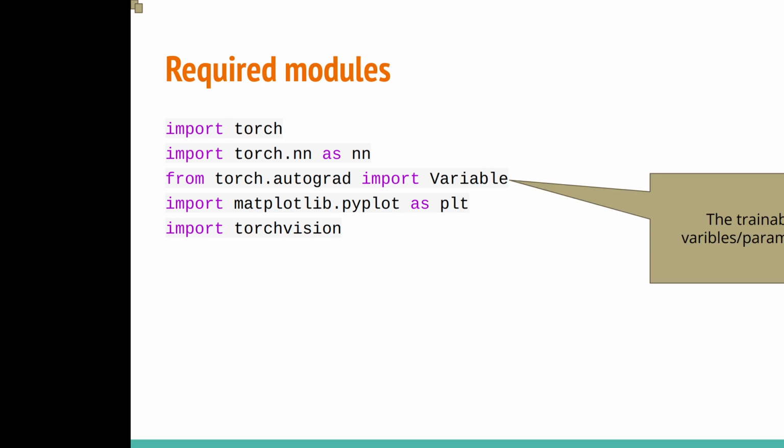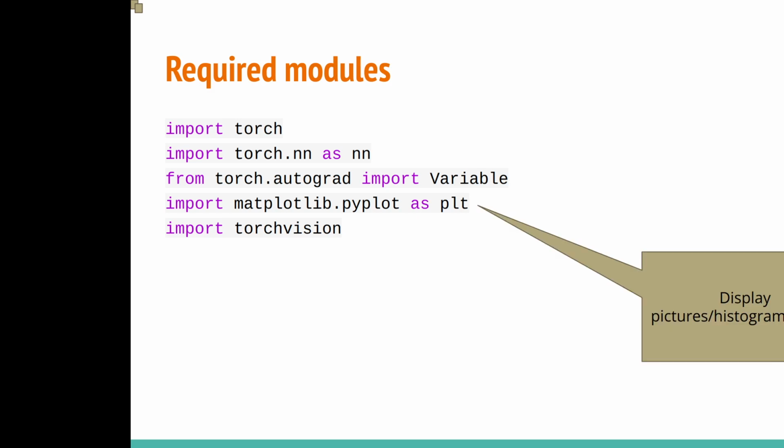The next one is the Variable inside the autograd module of PyTorch. Autograd is an implementation of the auto differentiation of PyTorch. So this Variable will be used in the training loop. We will introduce it later.